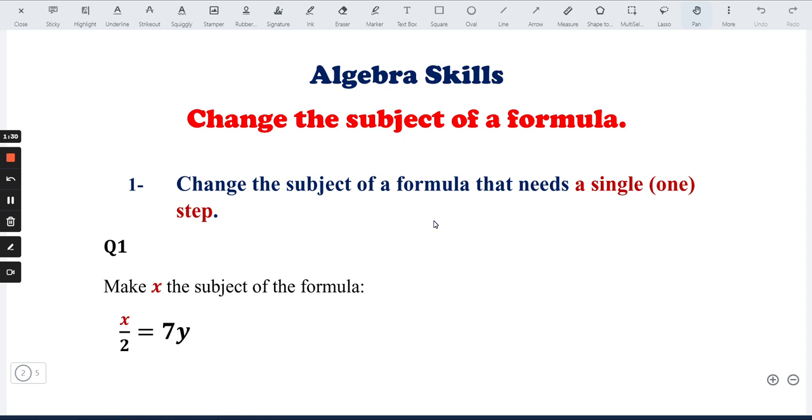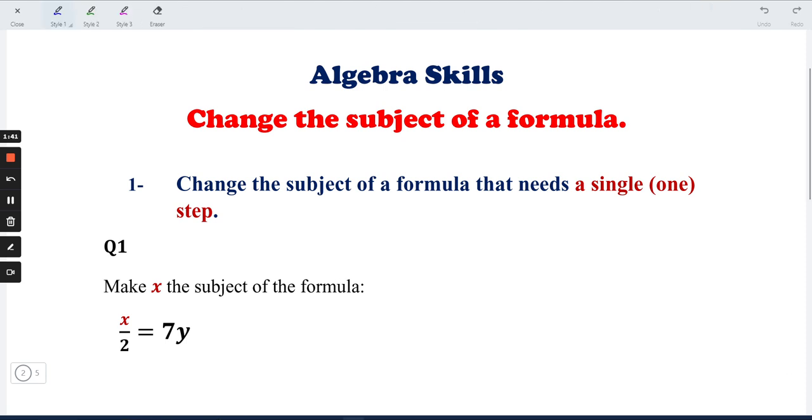So the first skill, an easy skill, needs one step. Change the subject of a formula that needs a single step. For example here, make X the subject of the formula: X over 2 equals 7y.